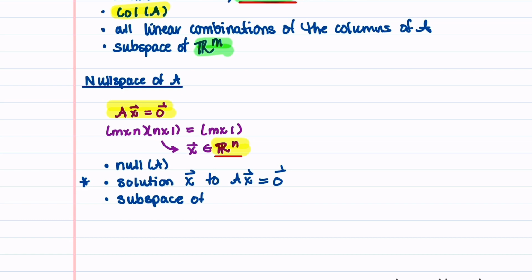I'll put a star right there because I know that students will often have a difficult time remembering what the null space is. It's the solution X to AX is equal to 0. Because X is an element of Rn, the null space is a subspace of Rn that is the solution space of AX is equal to 0. Notice the connection that these are the same.